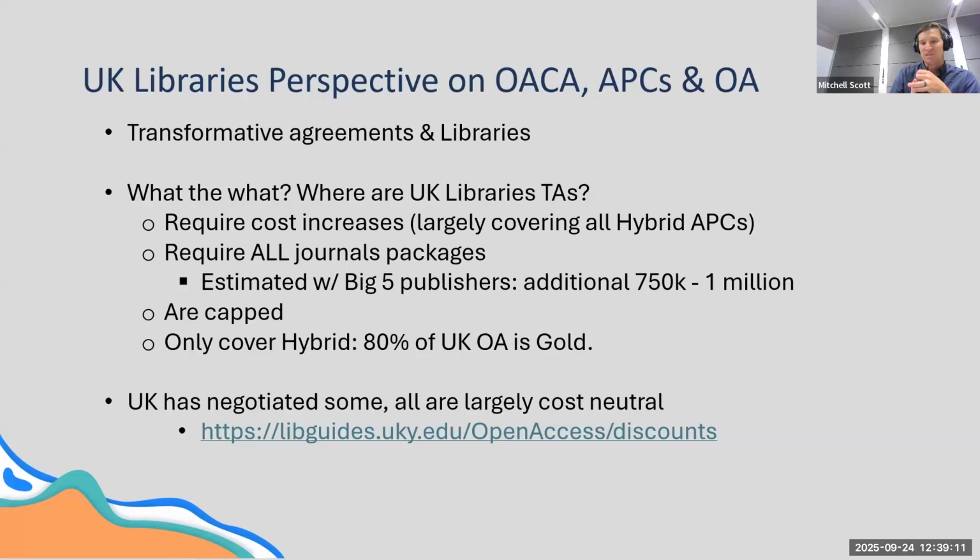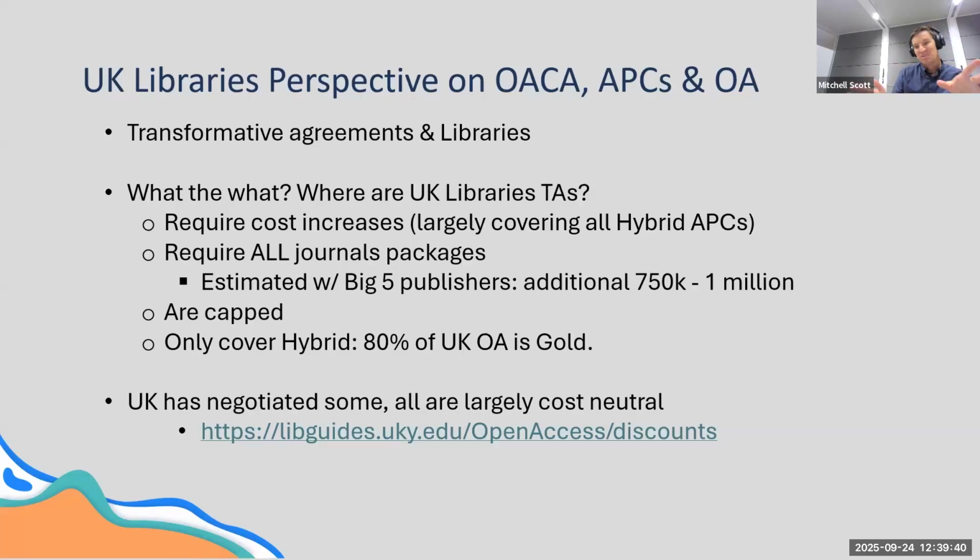These deals ask libraries to continue their subscriptions to journal content from a publisher, so the read side, and then for an additional negotiated cost to have a certain number of APCs waived for institutionally affiliated authors, so the publish side. That means when these deals are signed, institutionally affiliated corresponding authors would not have to pay an APC for journals under this publisher's portfolio.